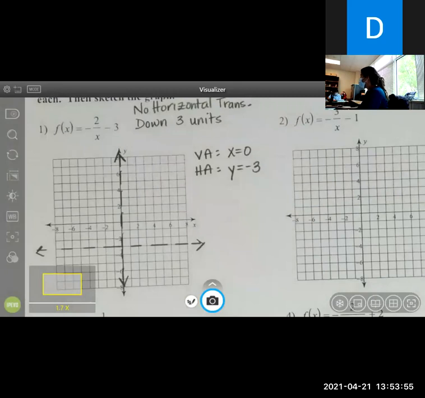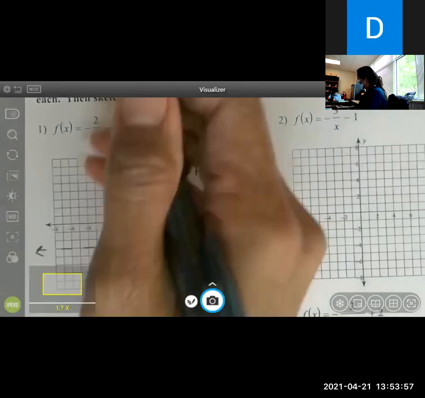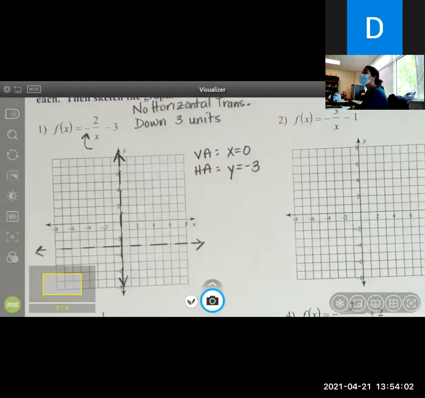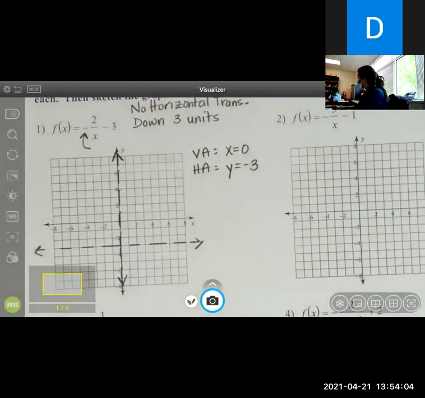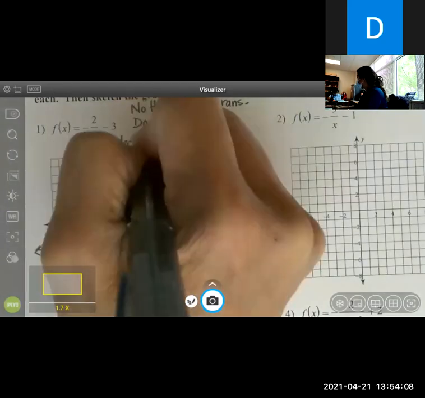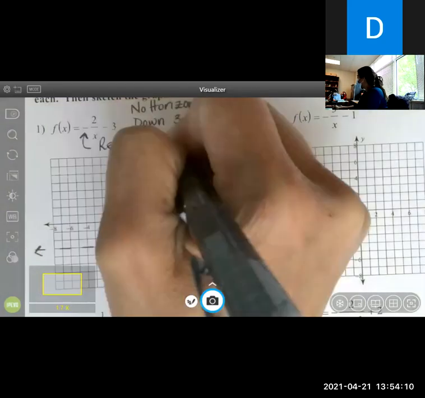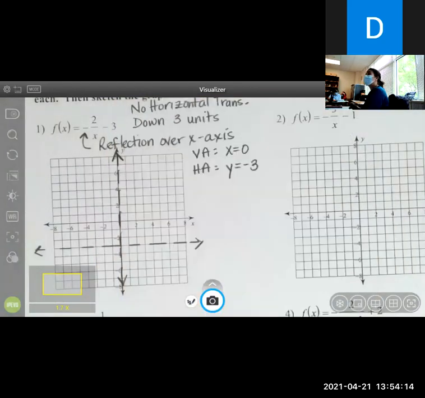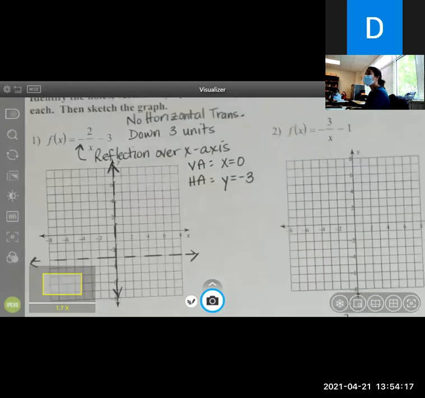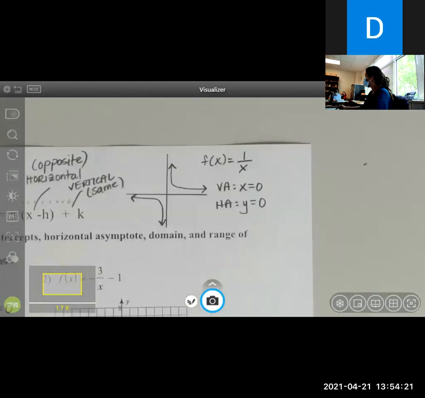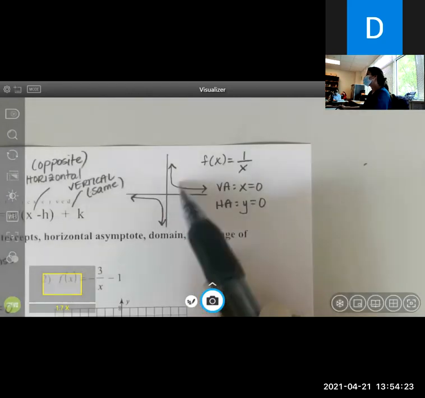Now, look out for reflection opportunities, okay? If you see your function being multiplied by a negative sign, you are going to be reflecting your graph over the x-axis, okay? So what does that mean? All that means is this parent function jumps over the x-axis.